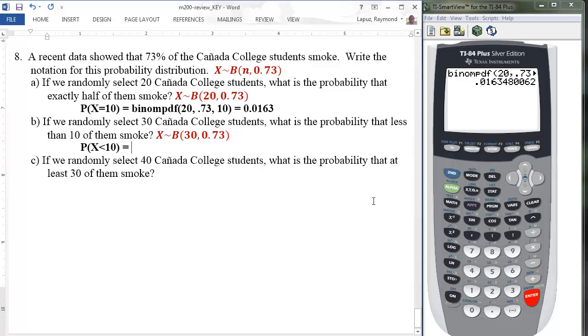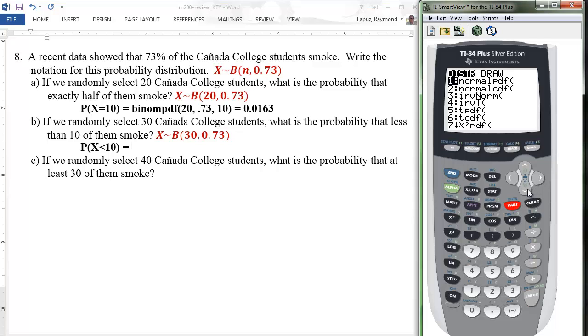But to add up all those probabilities, all we have to do is find the cumulative distribution. Remember the cumulative relative frequency? It's adding up all those numbers that are less than that, so less than 10. For that, there's another command here. Second and vars, our distribution. So there's a binom PDF, and then right after that is binom CDF, and C stands for cumulative.